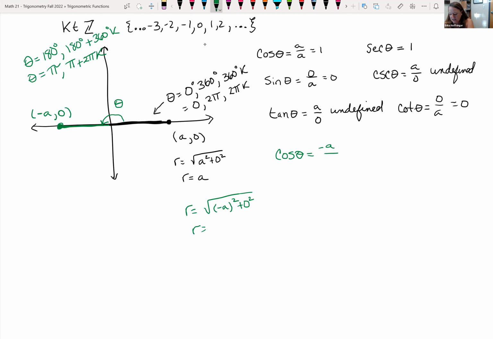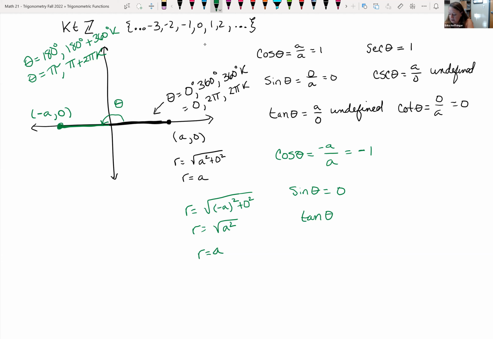And so in this case, r is the same value. R is equal to, because negative a quantity squared is a squared, so the square root of a squared is just a. So negative a over a, so this is negative 1. Sine theta, so 0 over a is 0.